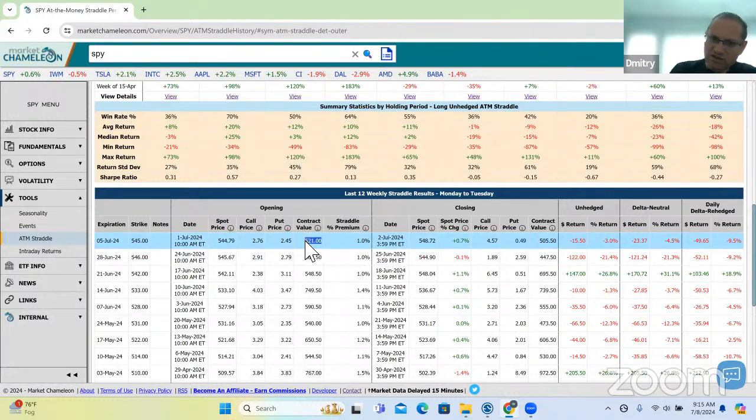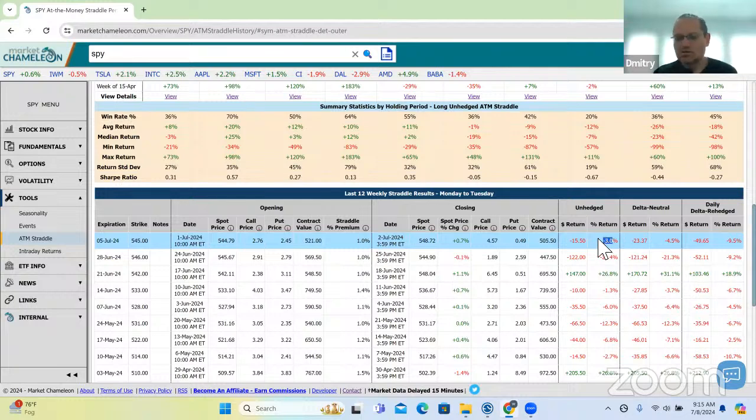Because if you start out the value 521, the next day the value is 505.50. Well, it lost $15.50. So mark to market, it lost $15.50 from, you can see, July 1st to July 2nd, which translates to a 3% decline in that premium, right? 3% decline.